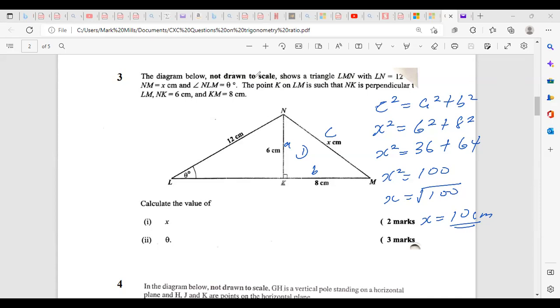Any male? Tyler, you want to help me? Josh? I only have 2 males. Josh, you want to help me? Or Tyler? Okay, how do we find the angle?